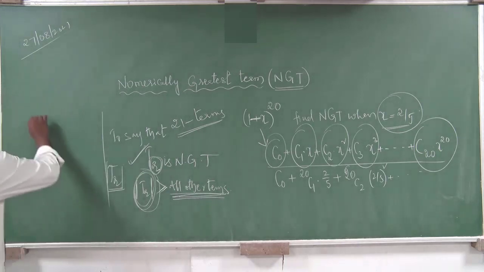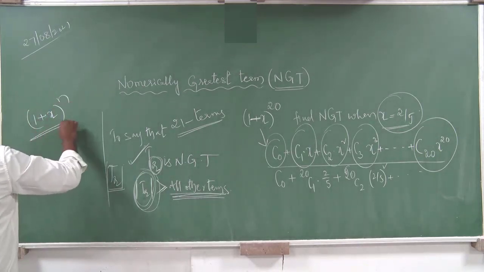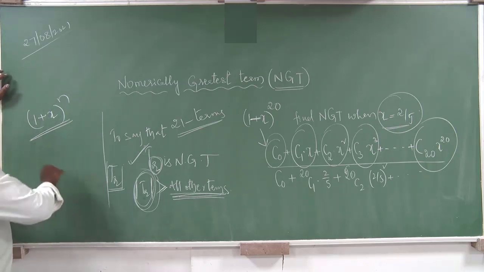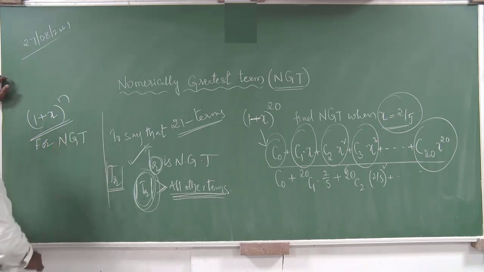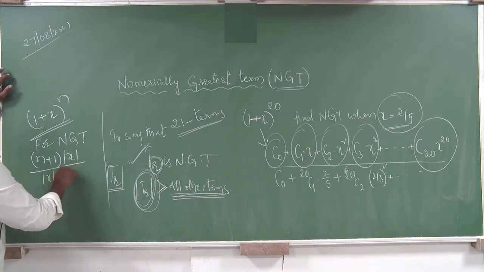This is important: the expansion should be in the form (1 + x)^n. To calculate the numerically greatest term, NGT, in the expansion (1 + x)^n, we calculate (n + 1) times |x| by (|x| + 1).